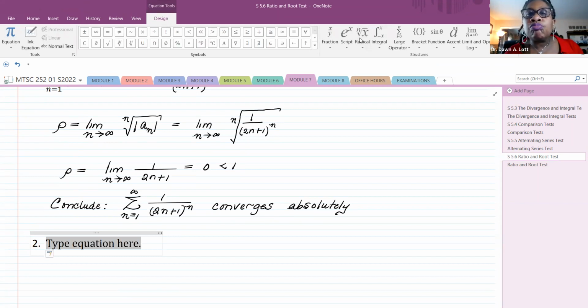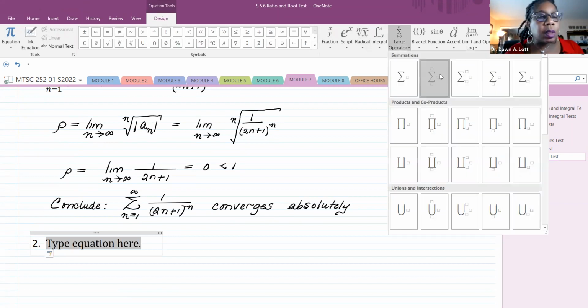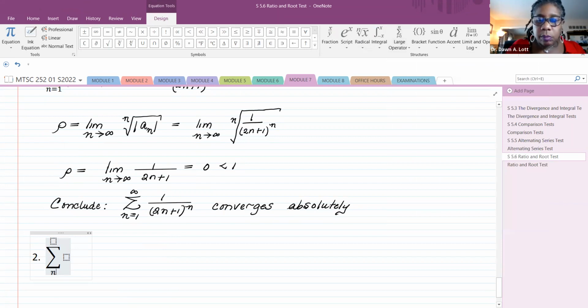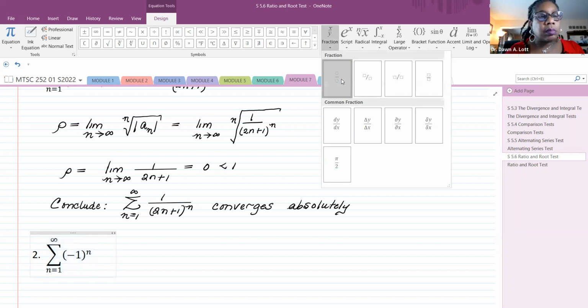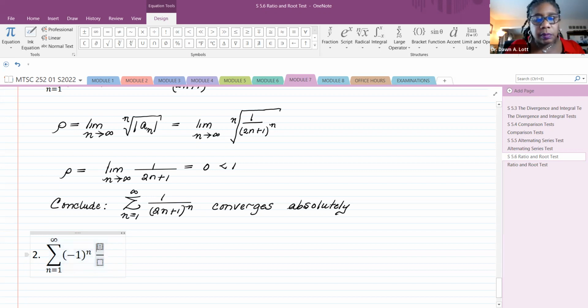The summation n equals 1 to infinity of minus 1 to the n times 4 to the n over 6n.